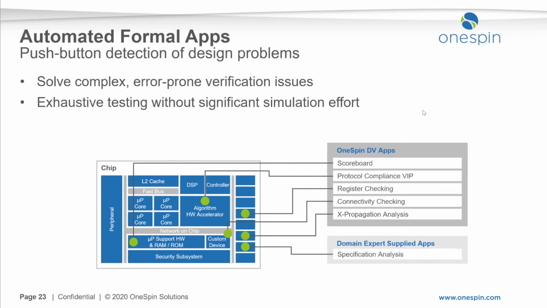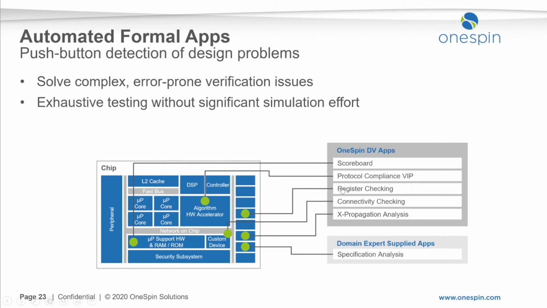And these range from formal verification IPs to making sure your register maps are correct through connectivity checking. And for example, X propagation analysis, where we help our customers make sure that no X's can influence any design functionality, because these can be extremely difficult problems to debug and even identify in the field.